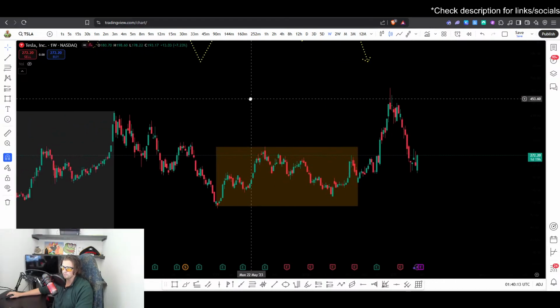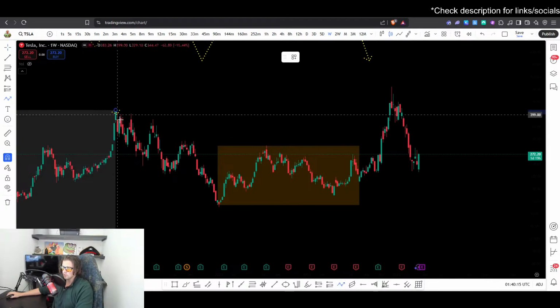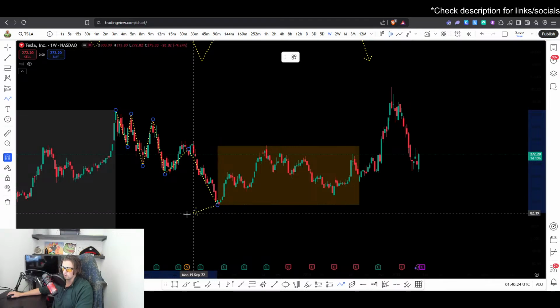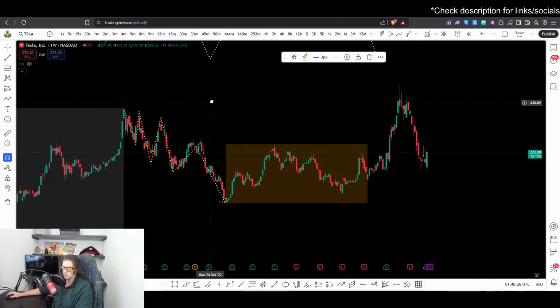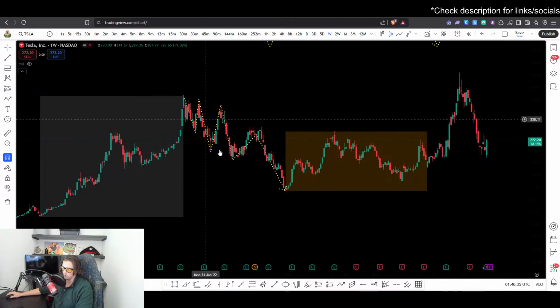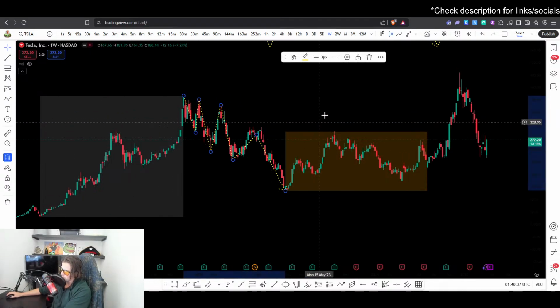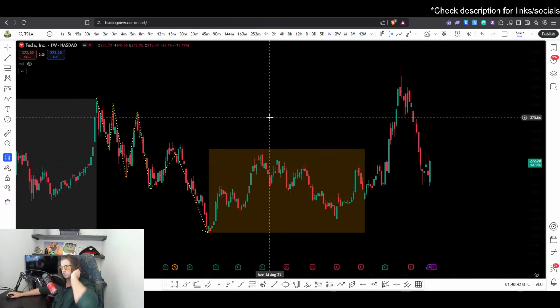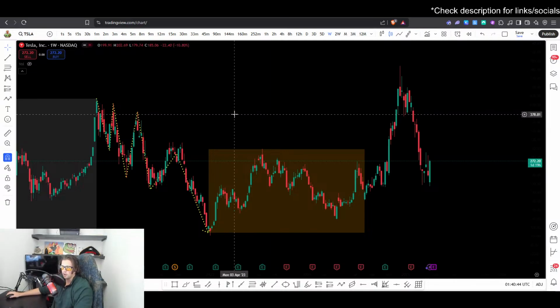High, low, lower high, lower low, lower high, lower low. You see what I'm saying? When we moved up, it never broke the previous lows. When it was moving down, it never broke the previous highs. So these are trending markets right here. And then all of a sudden we enter a period of, bullish, bearish, and range, essentially.